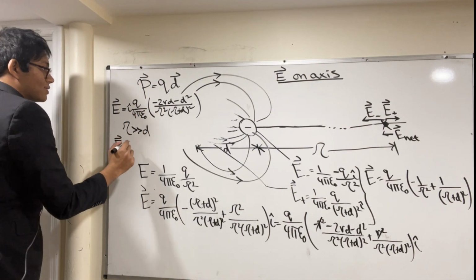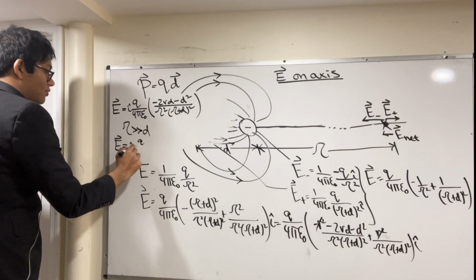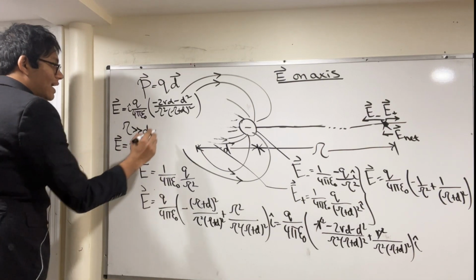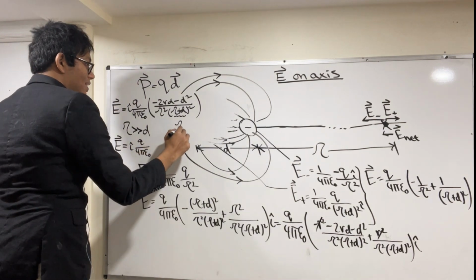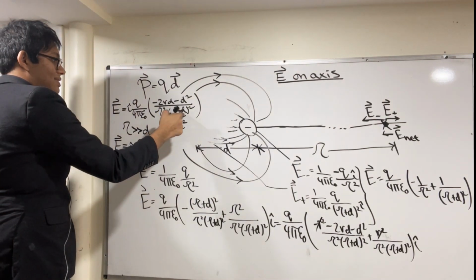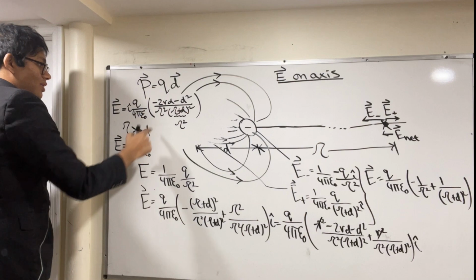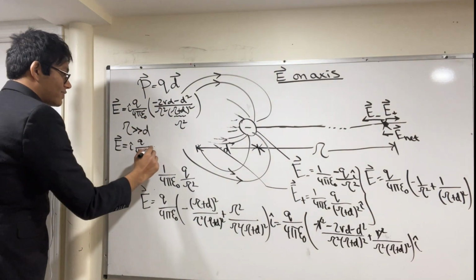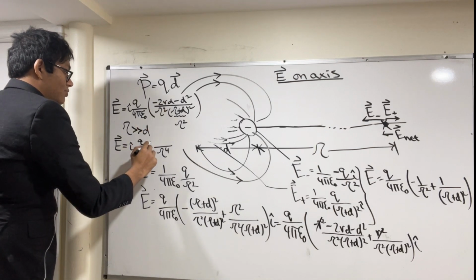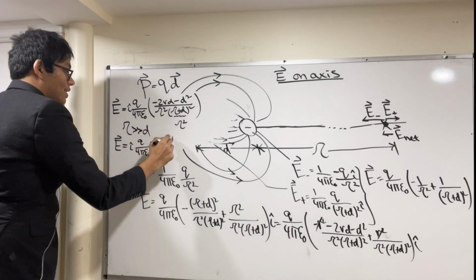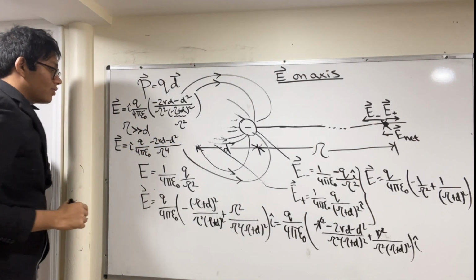The electric field is going to be i hat q over 4 pi epsilon naught. And now instead of r plus d, since r is much greater than d, I can just write it as r. So I have r squared times r squared, which gives r to the 4th in the denominator. And in the numerator, I have minus 2rd minus d squared. All right.